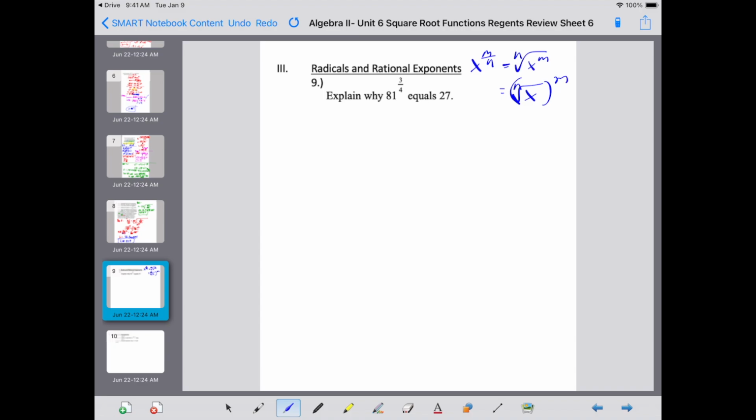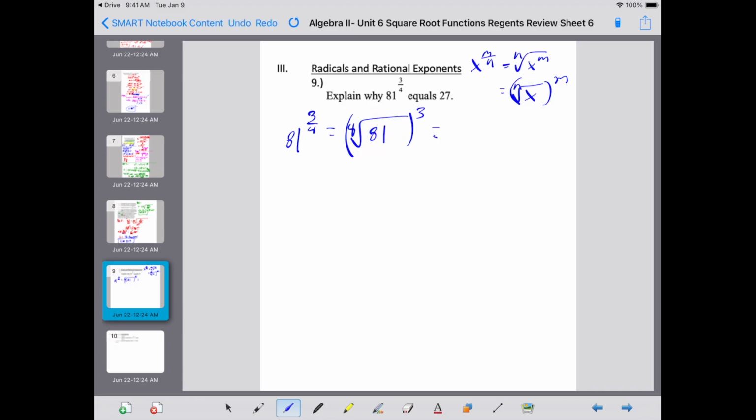Because you have that commutative property of multiplication, even with exponents. So, 81 to the 3 over 4 equals the fourth root of 81 to the third power. The reason I did it like this rather than like this is because if I did it like this, I'd have to do 81 to the third, and that would give me a huge number. I want to do this in my head.